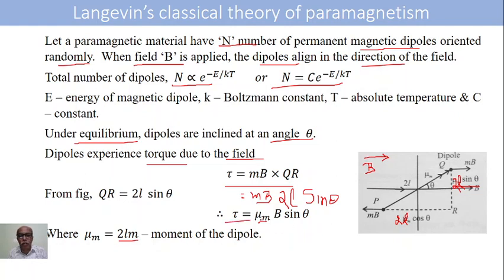Tau is therefore equal to mu m B sin theta. Tau is the torque acting on the magnetic dipole due to the presence of the external magnetic field B.